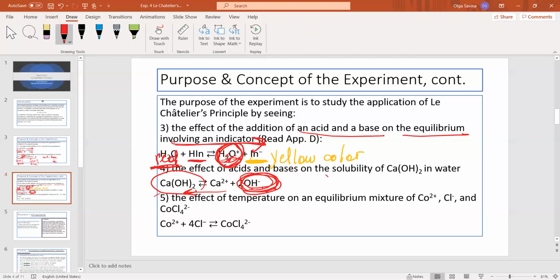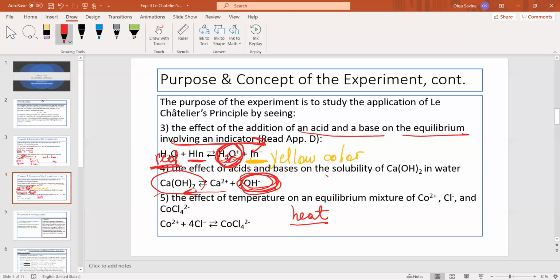Another reaction, the effect of temperature on an equilibrium mixture of cobalt 2 plus and Cl minus and the complex CoCl4 2 minus. In this case, we can consider again the concept of heat as a product or a reagent, and follow the same rules that we did before.